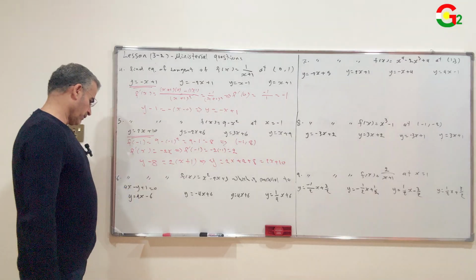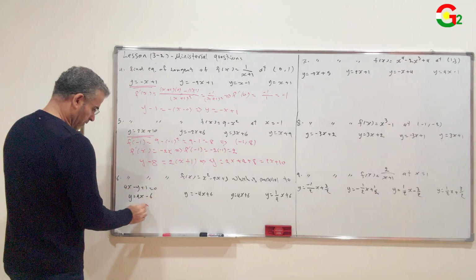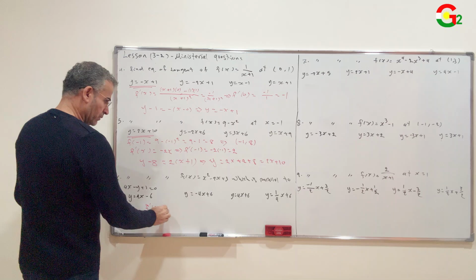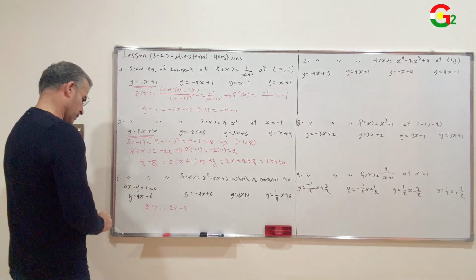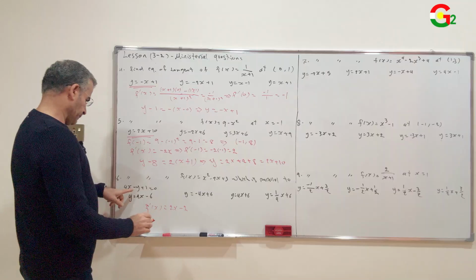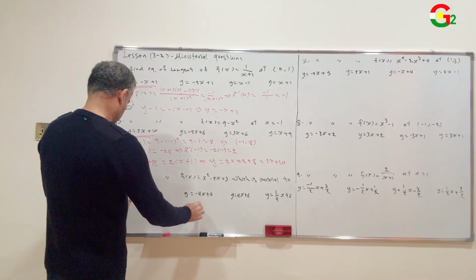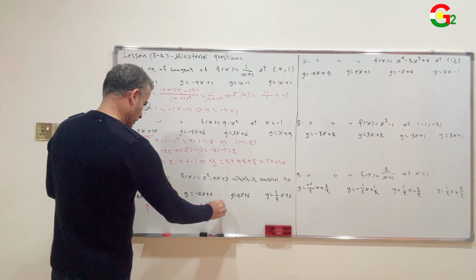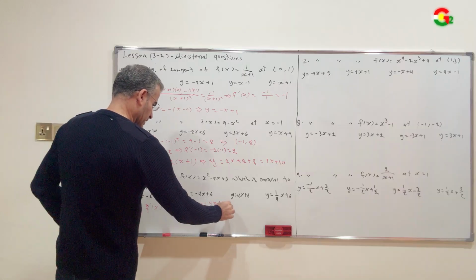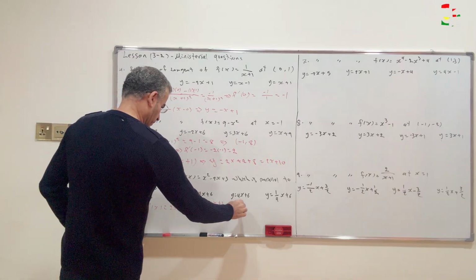Therefore, f'(x) equals 2x minus 2. The slope of this line, rewritten as y equals 4x plus 1: the derivative y' is 4.